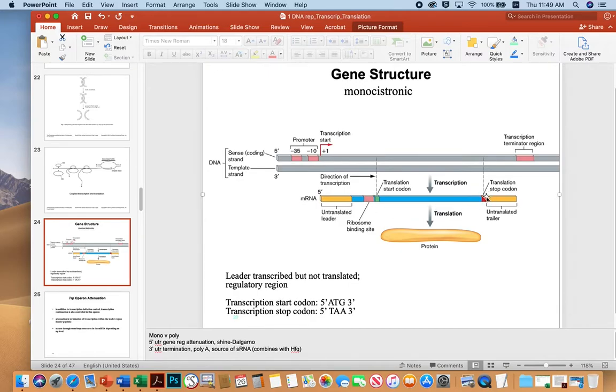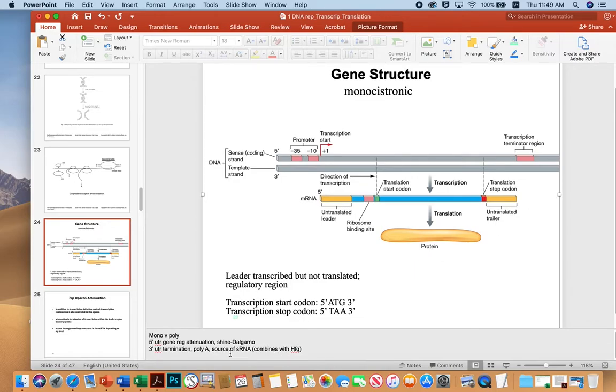The 3' region here is typically for termination to facilitate translation stop. It's also where the poly A tail is added. One of the other cool things about it is that it's a source of small RNAs that can combine with a protein called Hfq to silence gene expression.